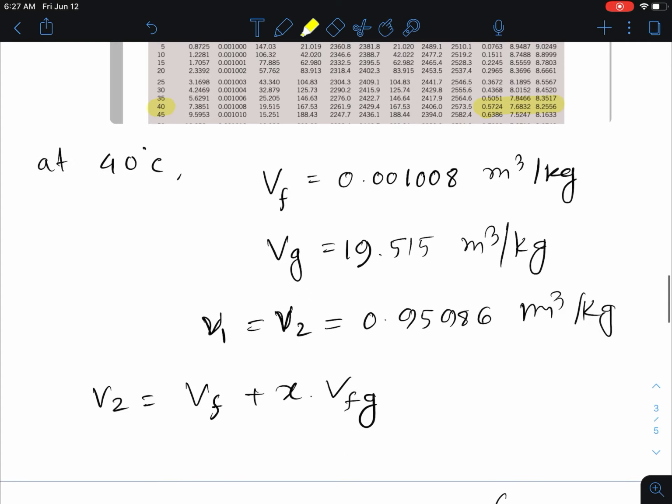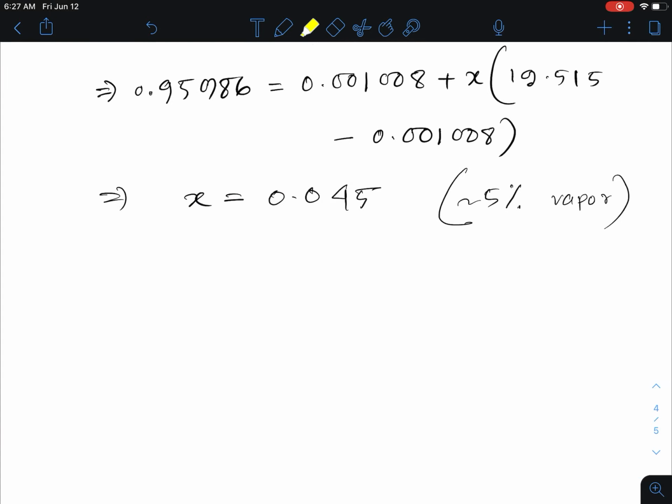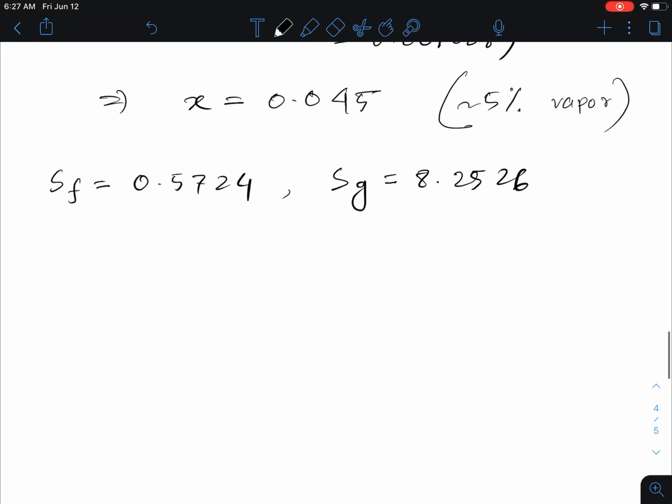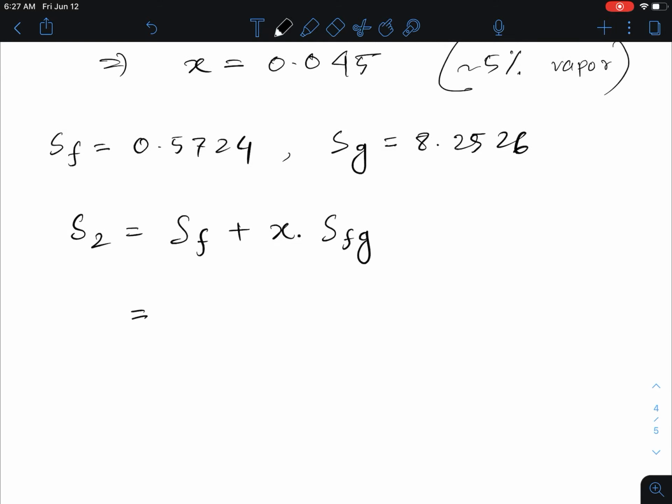So let's use that entropy value: SF equals 0.5724 and SG equals 8.2526, right? So at state 2 we'll get SF plus x, which is the quality of the liquid vapor mixture, times SFG.